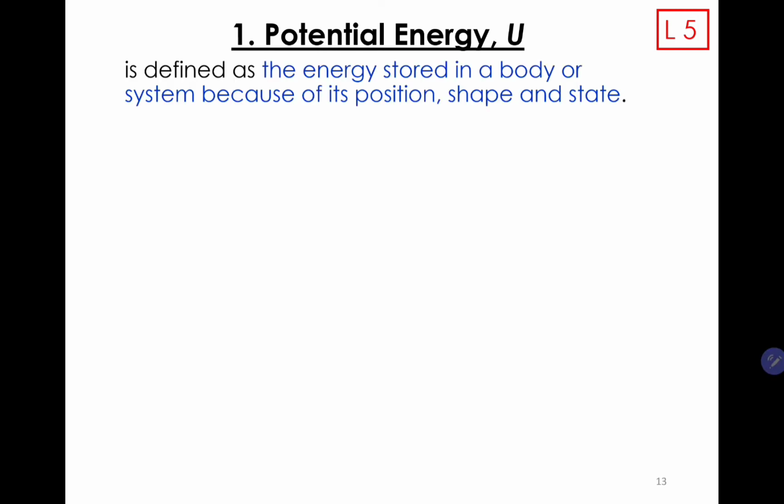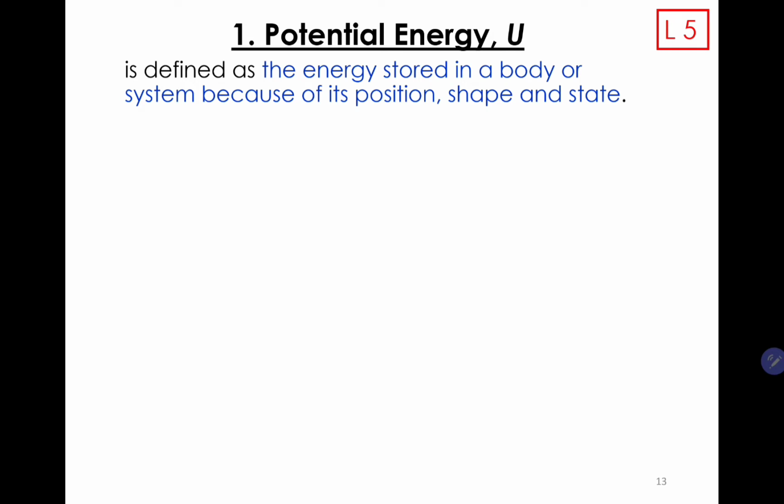Let's start with the first type of energy. We are discussing potential energy, where the symbol is capital U. So what is potential energy? Potential energy is defined as the energy stored in a body or system because of its position, shape, and state. Three factors influence the potential energy: position, shape, and state.